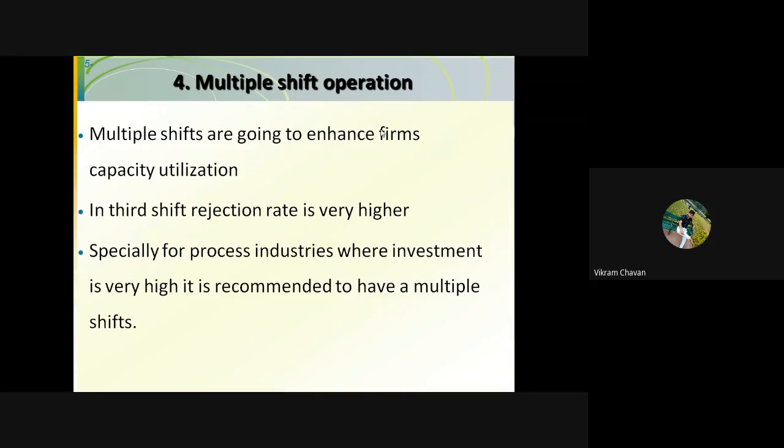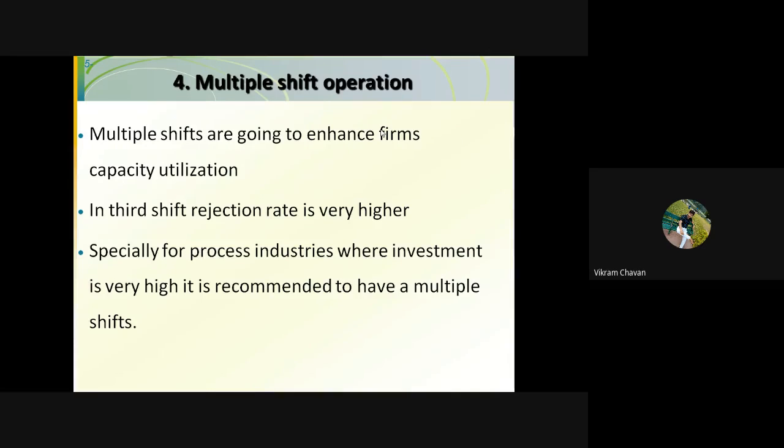Both things will influence the effective capacity, or the system capacity. So multiple shift operation is one of the factors which will influence the effective capacity. Getting it, everyone?